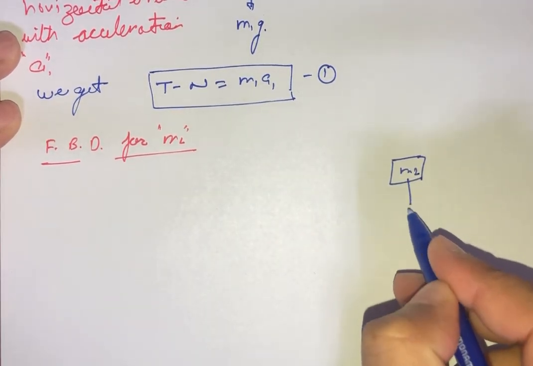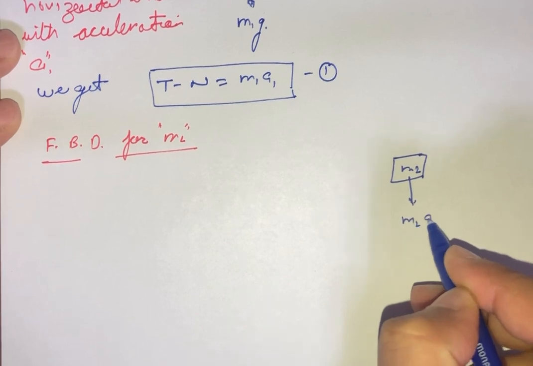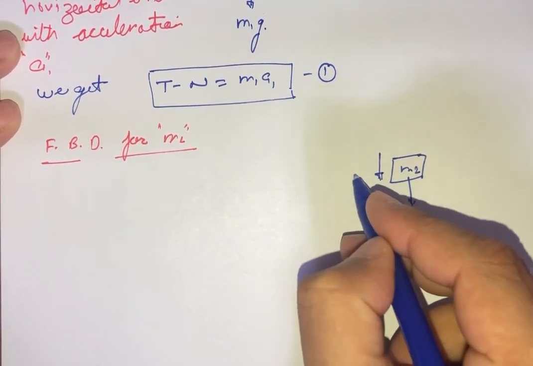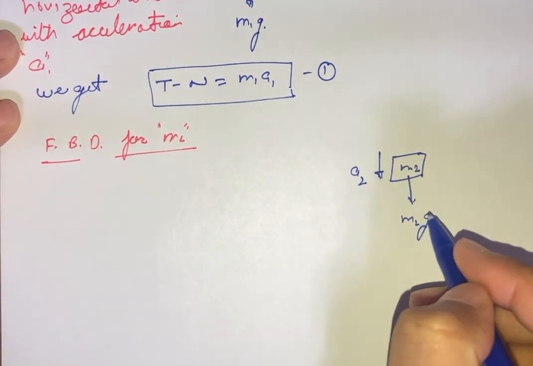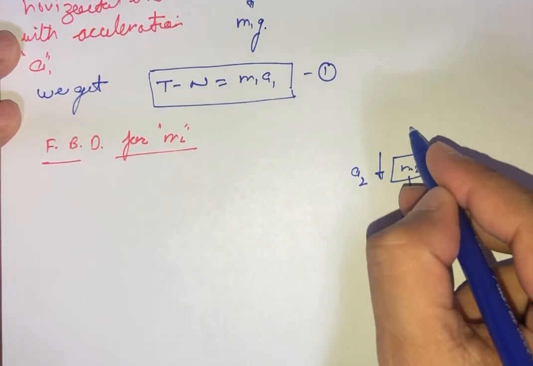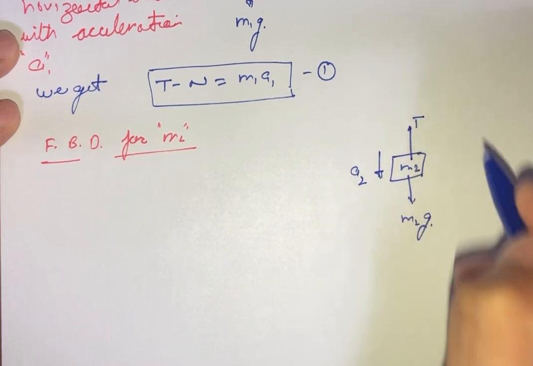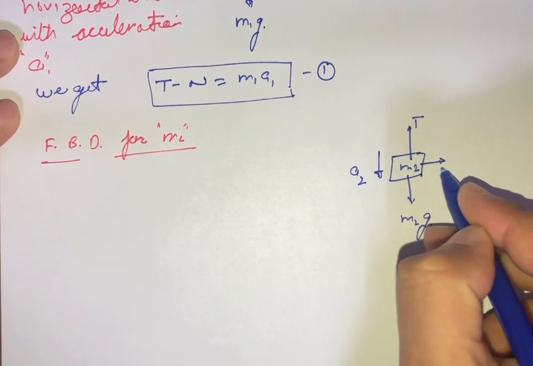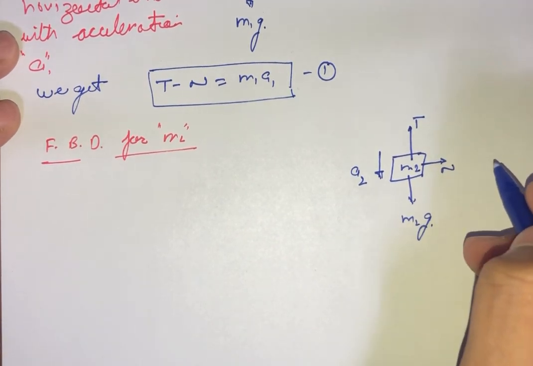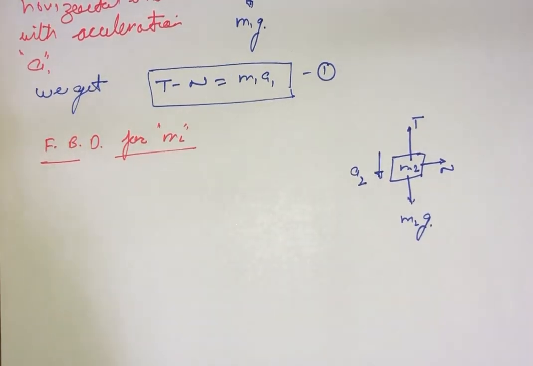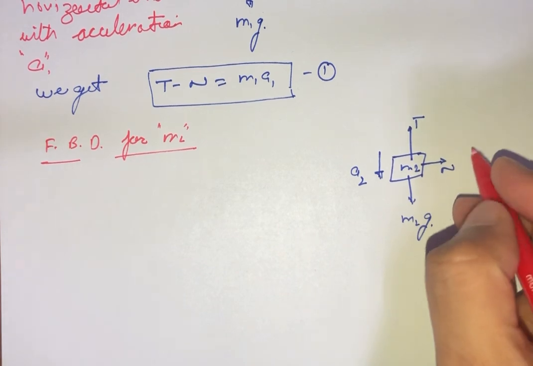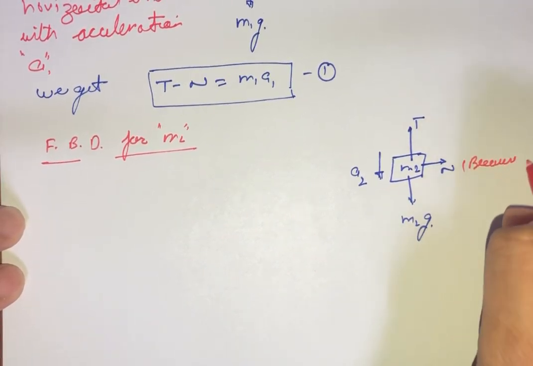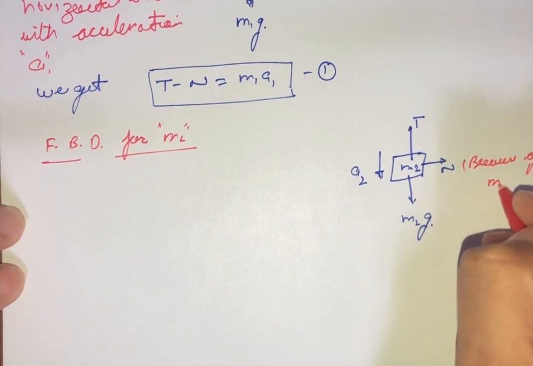In the downward direction we have m2g, and we assume that it moves with the acceleration a2 in the downward direction. There will be a force of tension in the upward direction, and a normal reaction will be acting because of m1. Okay, so we can write this as normal because of m1.